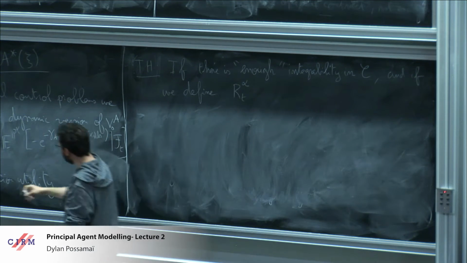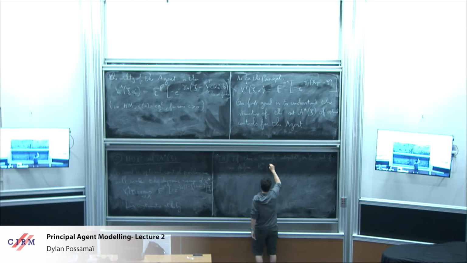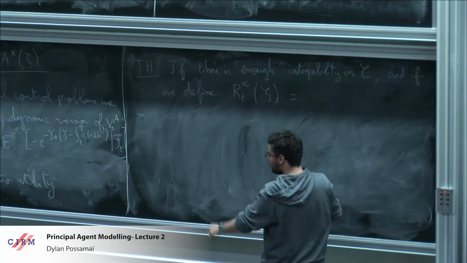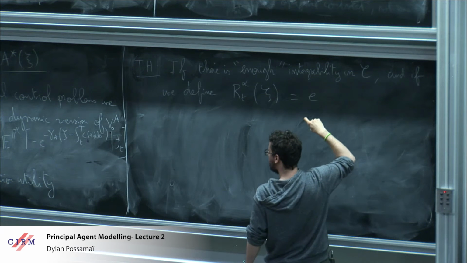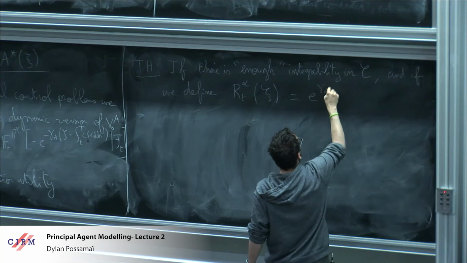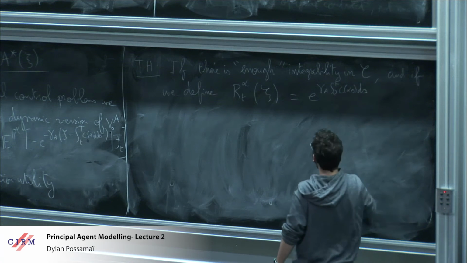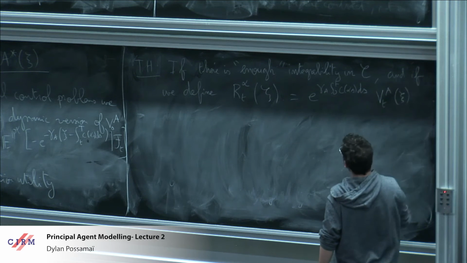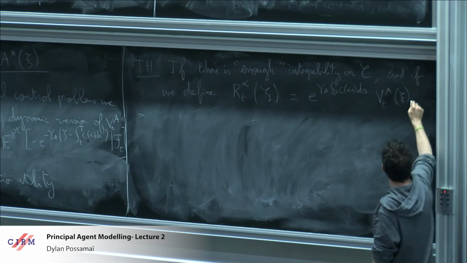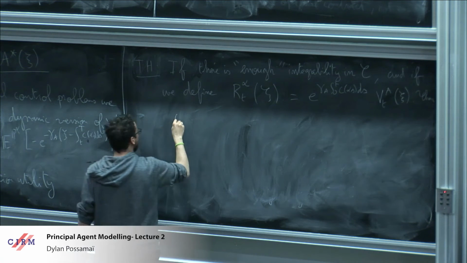That should be V^alpha_t of psi here, sorry. So if you define this to be exponential of gamma_A integral from 0 to t of C times V, then we know two things.